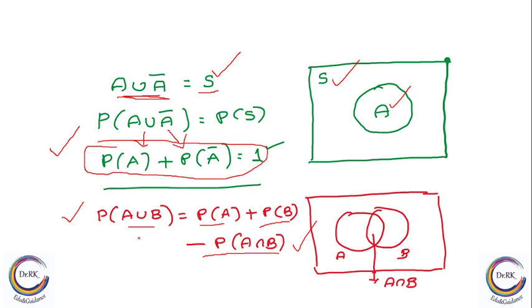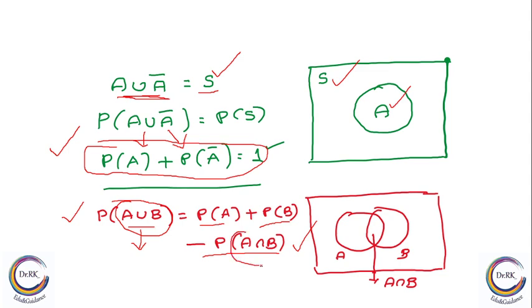When we take examples and solve problems, A union B is nothing but the happening of either A or B or both, that is, the happening of at least one of these two events. This defines the probability of at least one of the events happening.